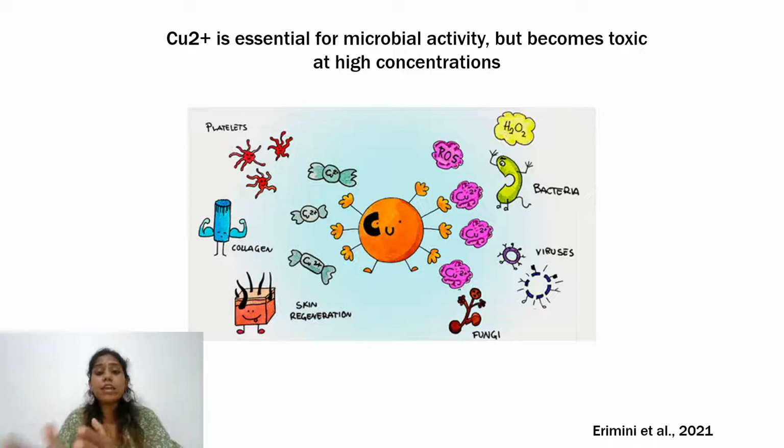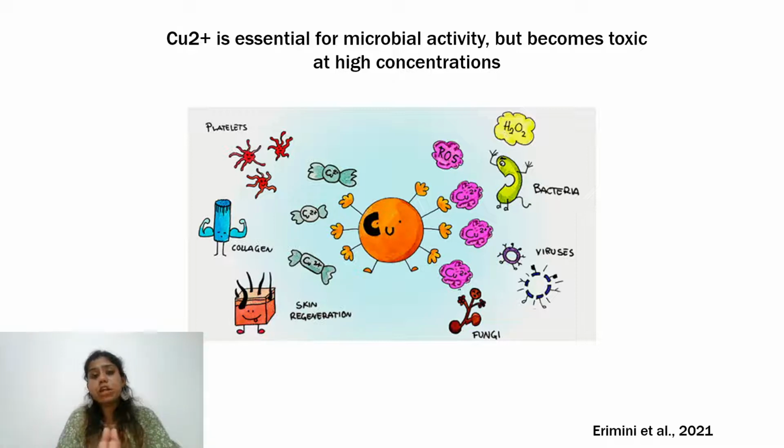That is at a higher concentration. As the concentration of the copper starts increasing, it stops being just a cofactor for the microbe, and it starts becoming toxic to the microorganism itself. Why is this important to consider?